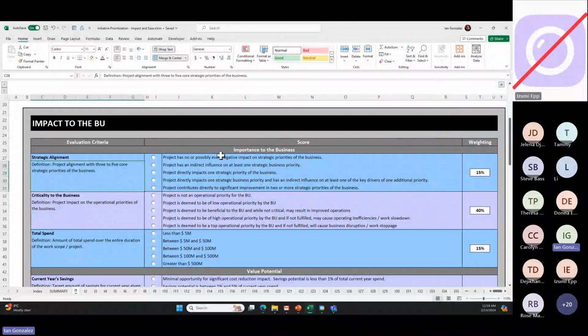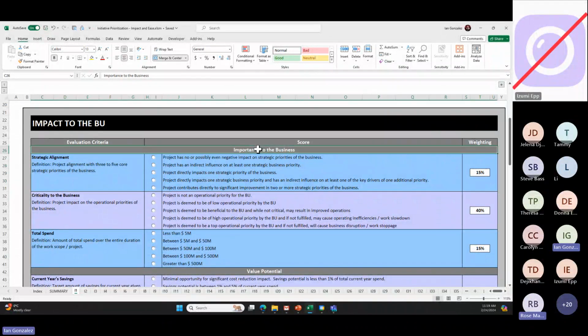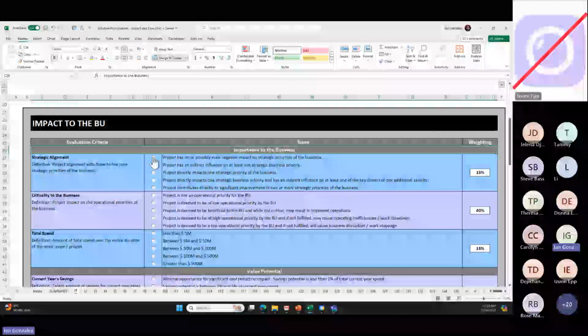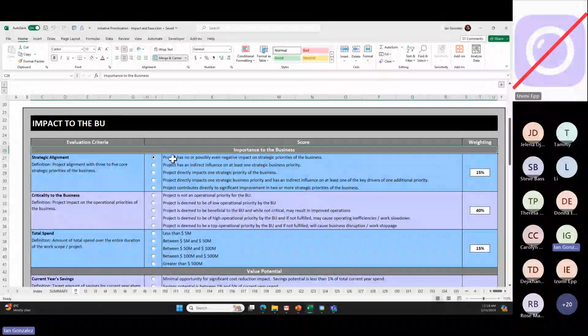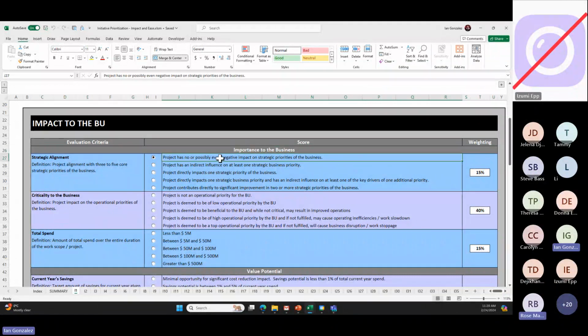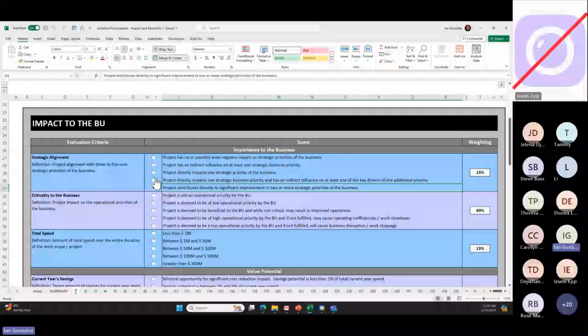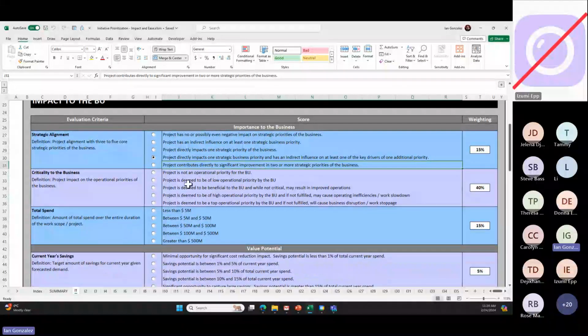Essentially, the importance to the business of this sourcing event. I would click this one if the project has no or possibly even negative impact on the strategic priorities of the business, or at the extreme end, this project contributes directly to significant improvement in 2 or more strategic priorities of the business. So I'll just make a random check over here.